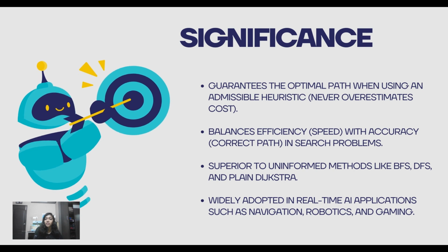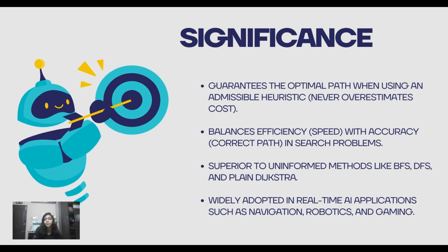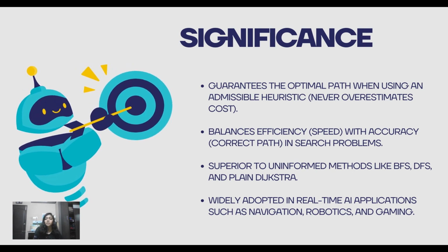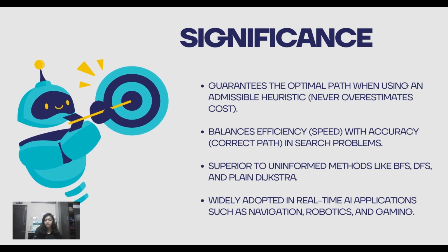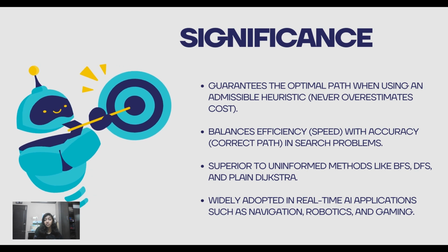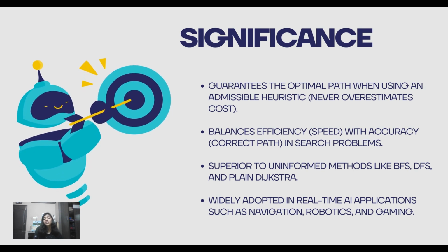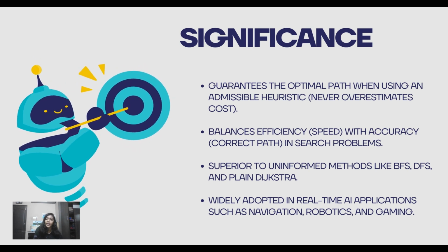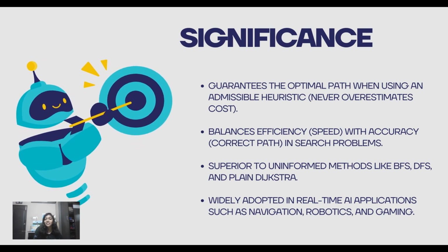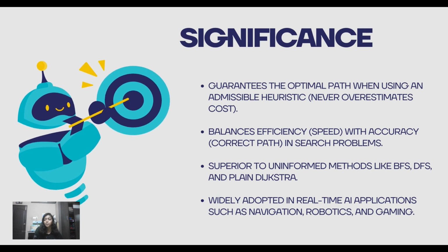We will look into the significance of A star search now. The A star search algorithm guarantees the optimal path when using an admissible heuristic. An admissible heuristic is one which never overestimates the cost. It balances efficiency, that is speed, with accuracy in search problems.